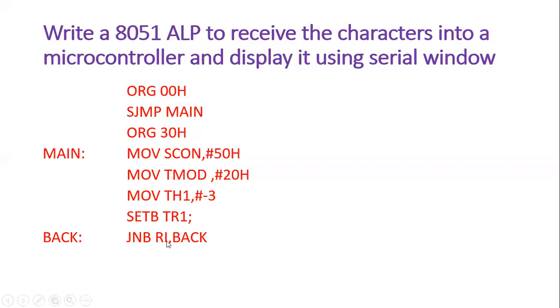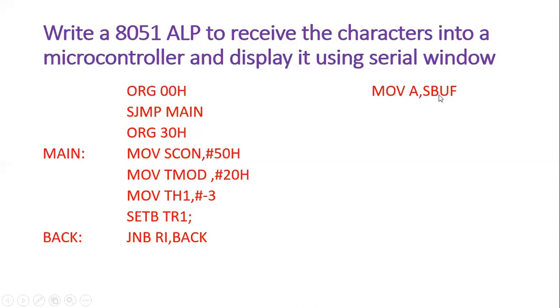When it becomes high, it indicates that the byte is received into the microcontroller. Whatever content is received will be in SBUF, and from SBUF we move it to the A register.